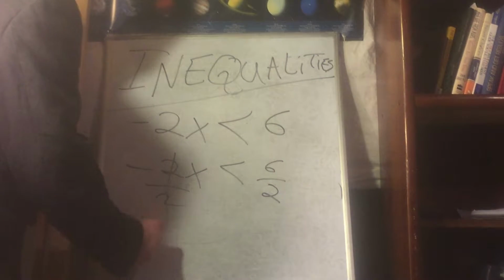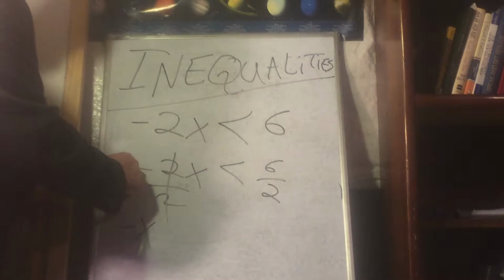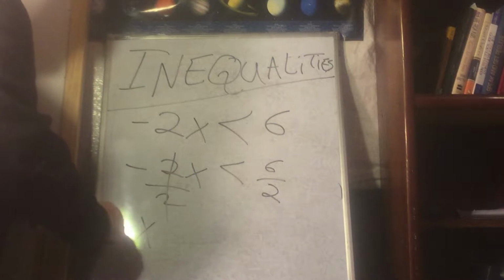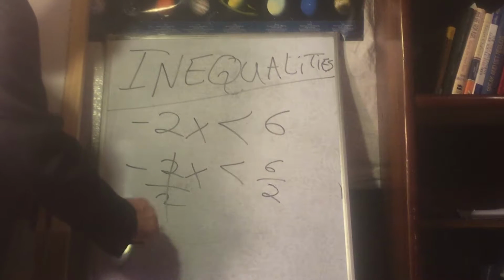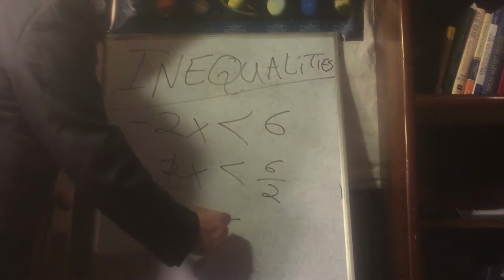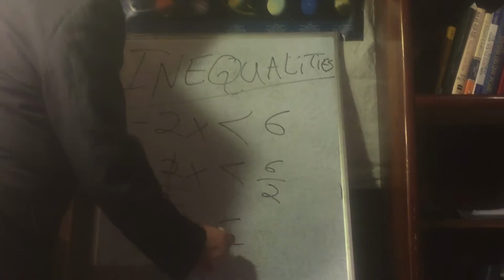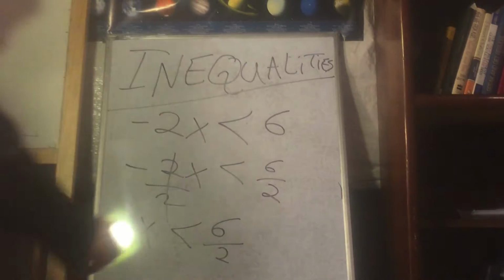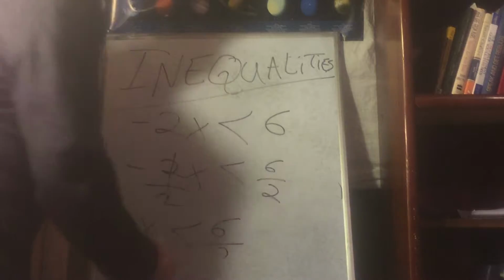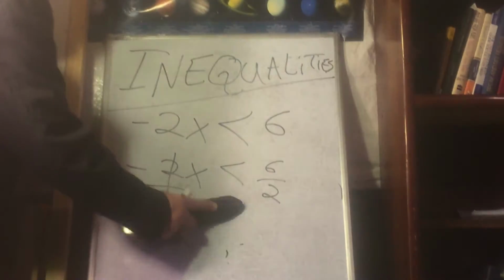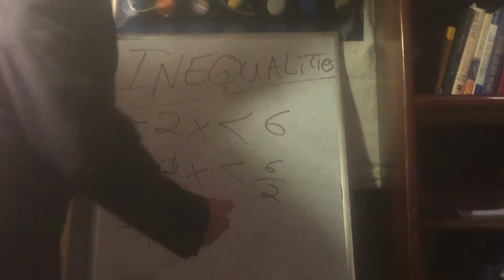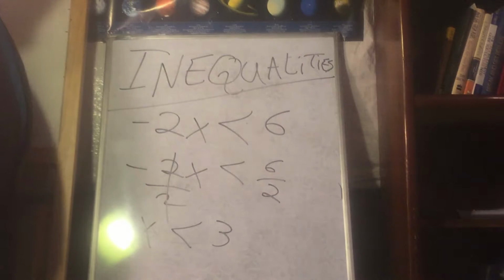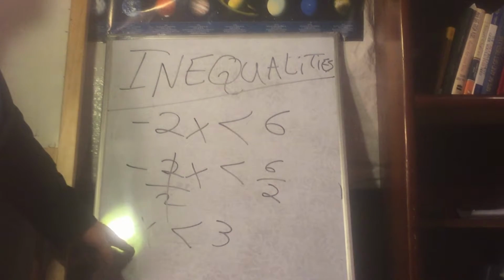So what's remaining is negative x, don't forget the sign, negative x less than or equal to 6 over 2, which is 3.